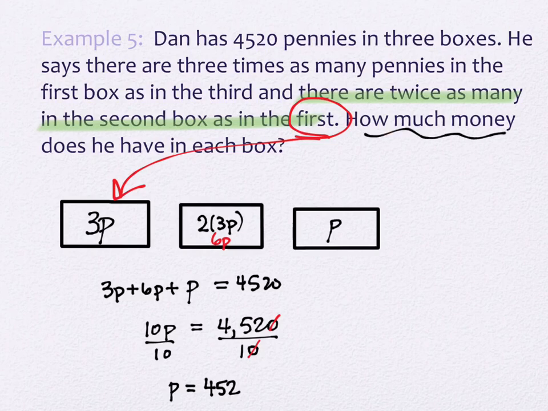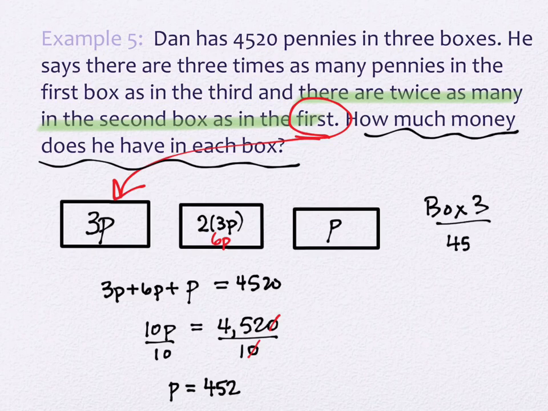The question says, how much money does he have in each box? So you can answer one of 2 ways. This 452 is the number of pennies in which box? The third. So box 3 has 452 pennies. That's okay. Or you could even say 452 cents. Or you could say how many dollars?